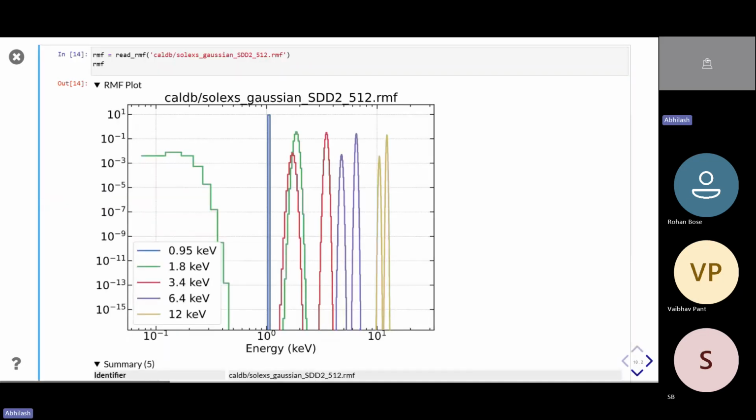Ma'am also showed one plot. This is another plot, the exact database of SoLEXS for SDD2. If you have an input energy of, say, 6.4 keV, shown in purple, what you see in the detector is also in purple. You have a main peak at 6.4 keV, and you have something called the escape peak at 6.4 minus 1.7. I will not go into the details, but these are the different parts of the response that you need to take care of.